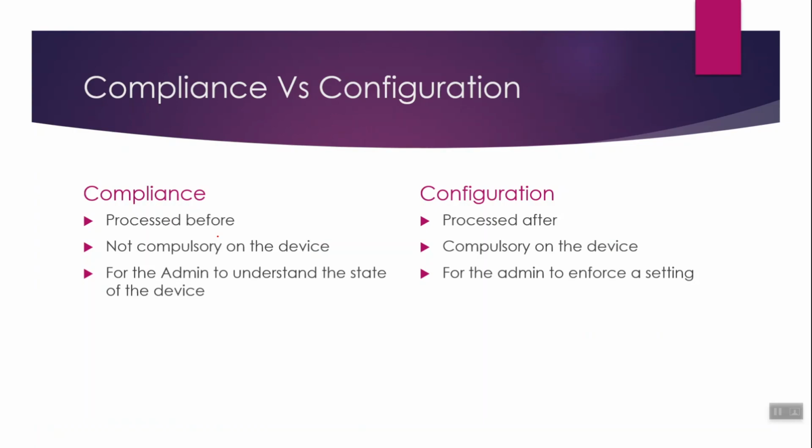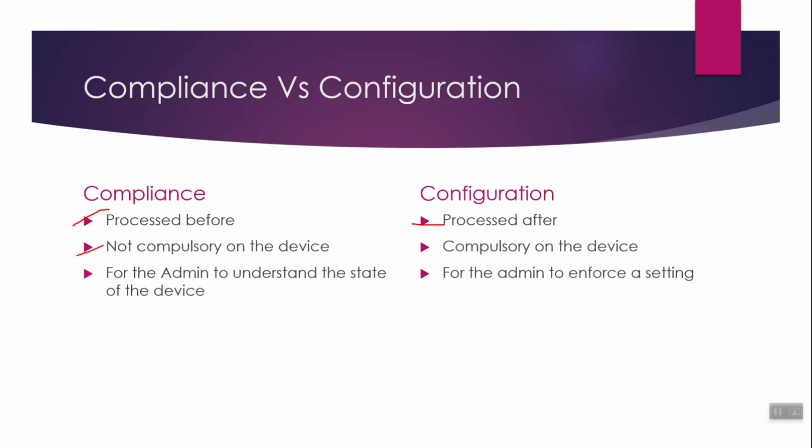So we discussed the difference between a device compliance and device configuration profile. We found out that the device compliance profile is processed just after the enrollment. However, the device configuration profile in the sequence of processing is processed later on. We found out that a compliance policy is not compulsory for the device to adhere to.